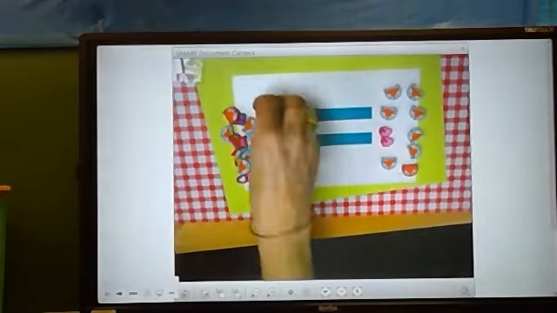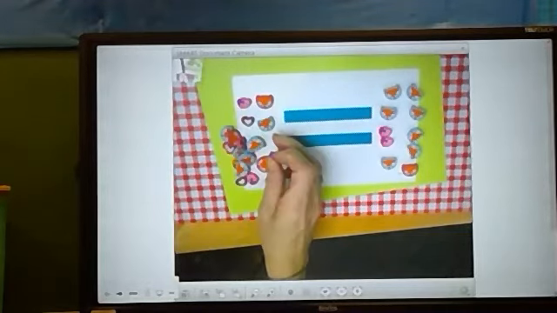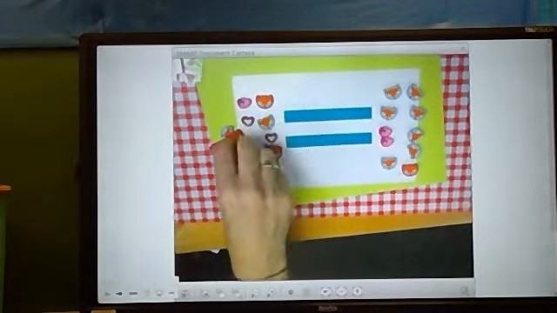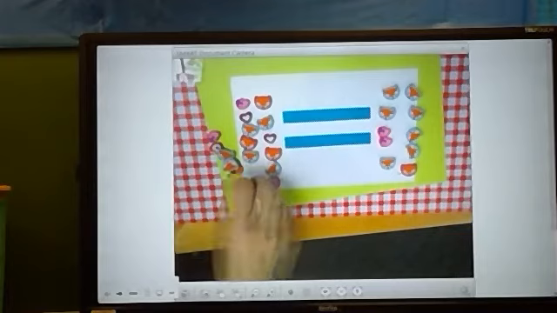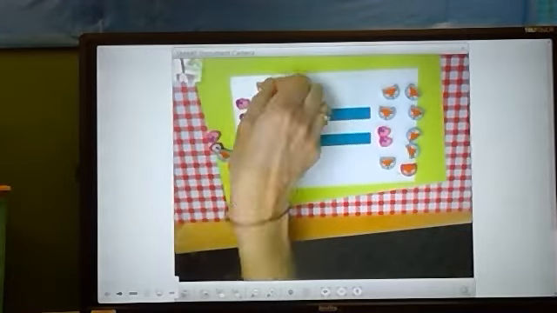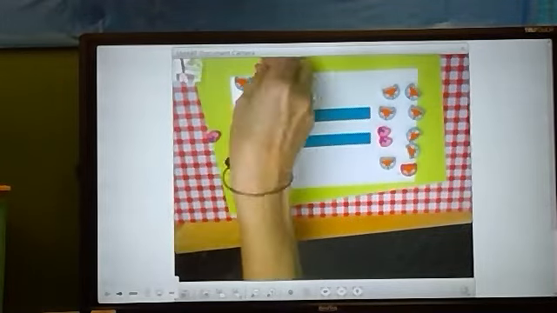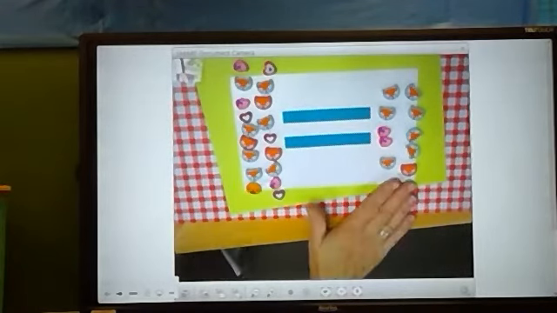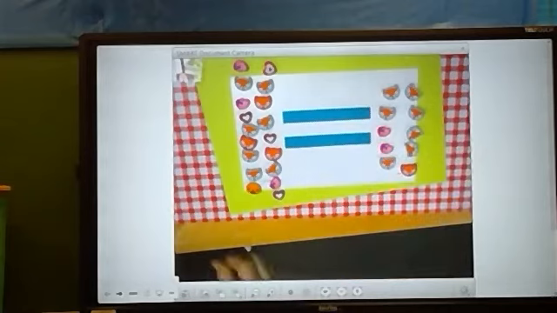And on the other side, 1 through 18. They are not balanced. We have 10 on this side, 2, 4, 6, 8, 10, and we have 18 on this side.